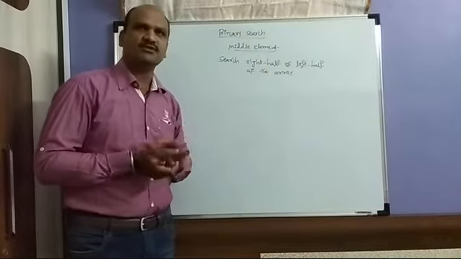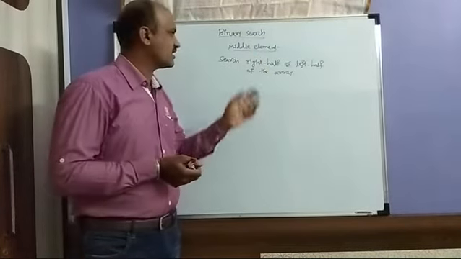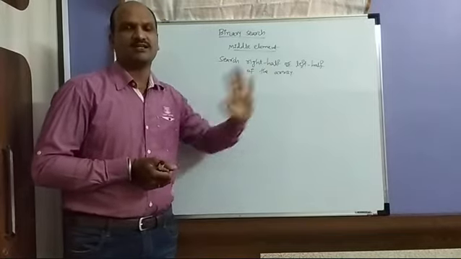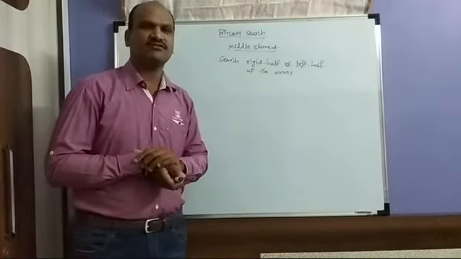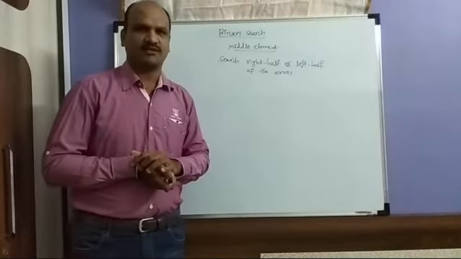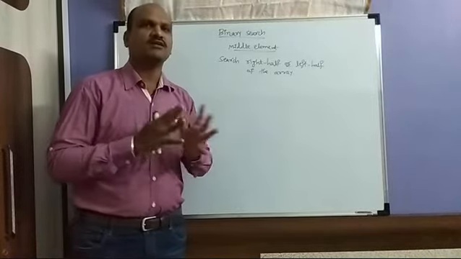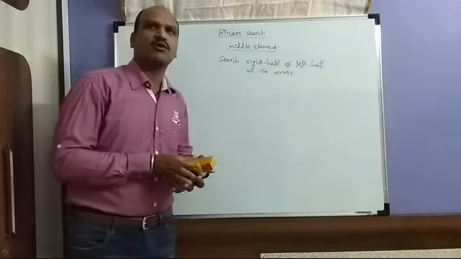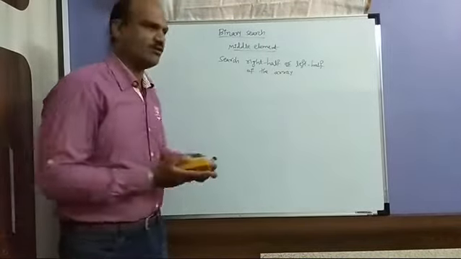But if it is not the middle element, then you have to go for the condition, that is search either the left half or the right half of the array. That is the binary search technique. Always you have to find the middle element in binary search, and from that middle element you go to the right or left of the array.